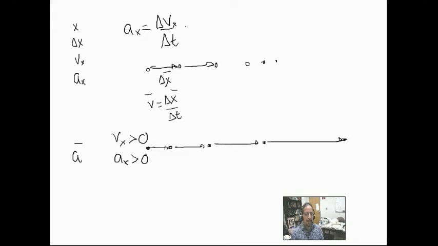But there are many other cases, and this is very non-intuitive. Remember that part. Let us draw a diagram with another positive acceleration, but where the velocity is negative. What does that one look like? It's going to look like something actually slowing down.